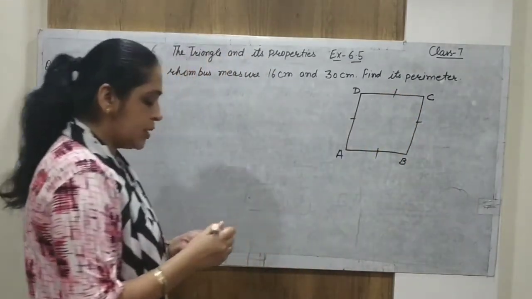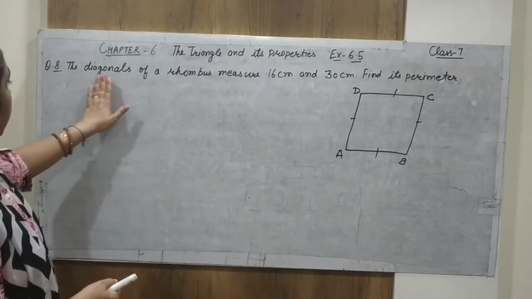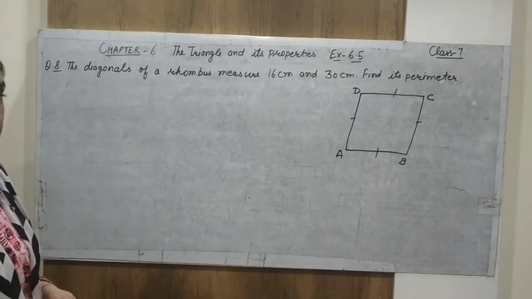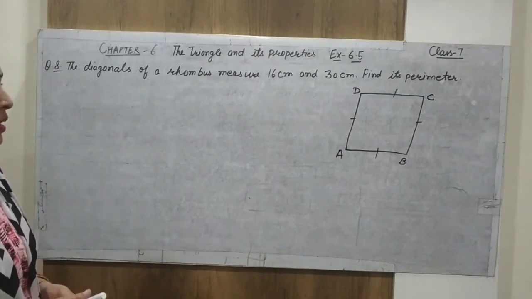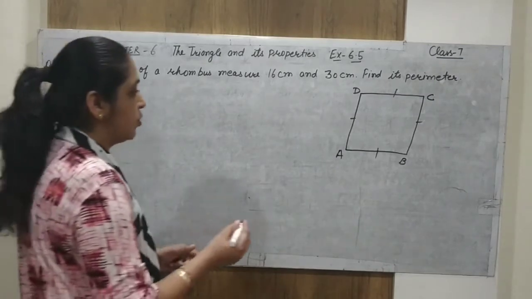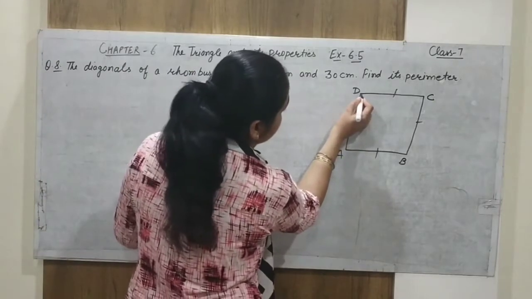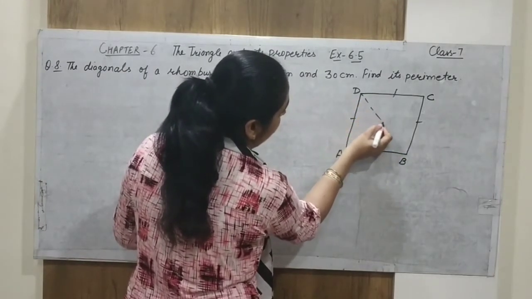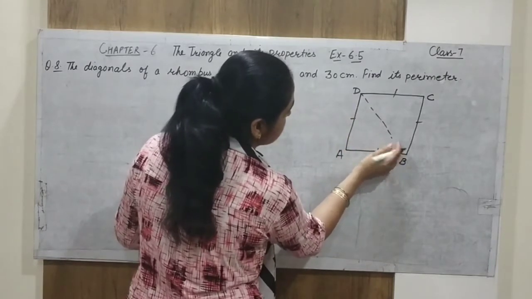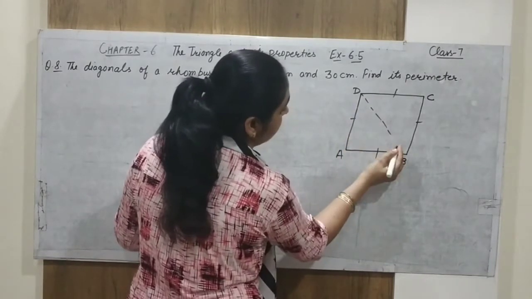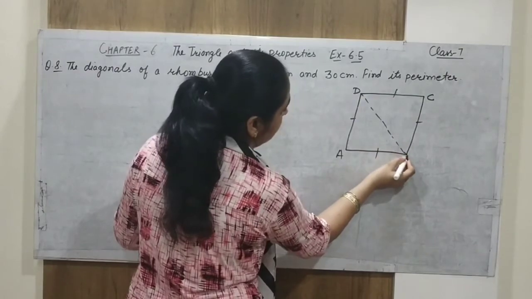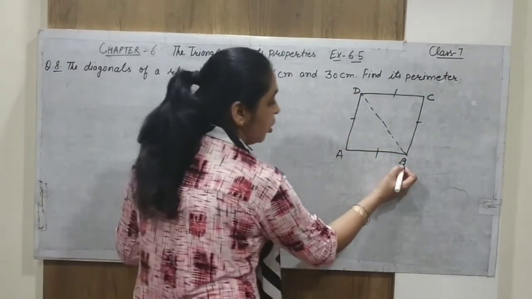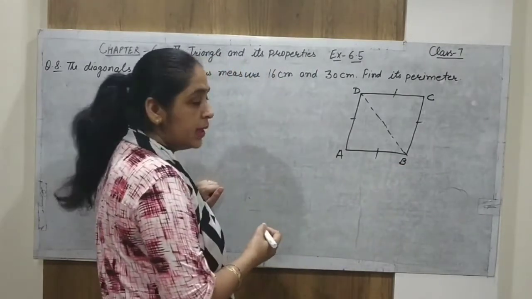Now, what is given for this? The diagonals of the rhombus measure 16 and 30 centimeter. Now the diagonals are given, sides are not given first of all. So what are the diagonals? Diagonals are lines we can draw between opposite vertices of the quadrilateral.